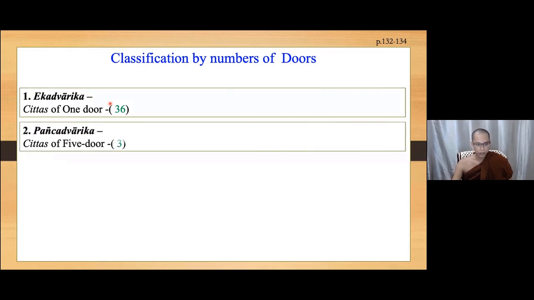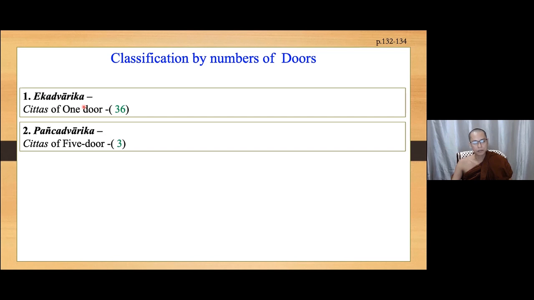And the second group, the pancadvarika, the consciousness of 5 doors. It means there is no consciousness that arises in only 2 doors, or 3 doors, or 4 doors. This is related to the number of doors in which they arise.